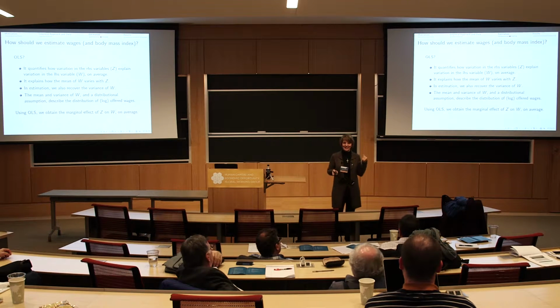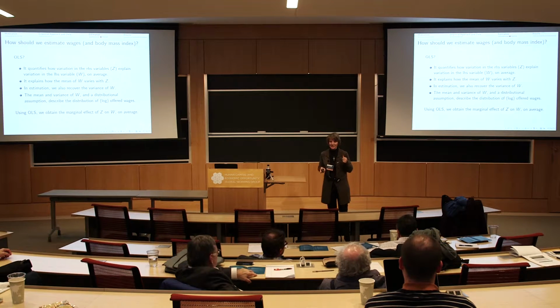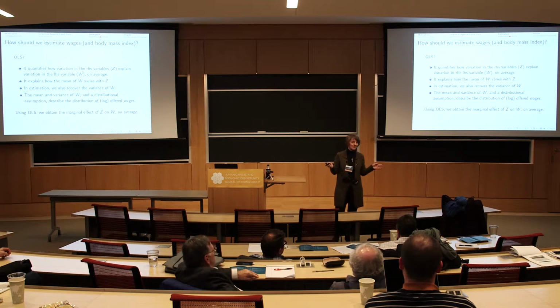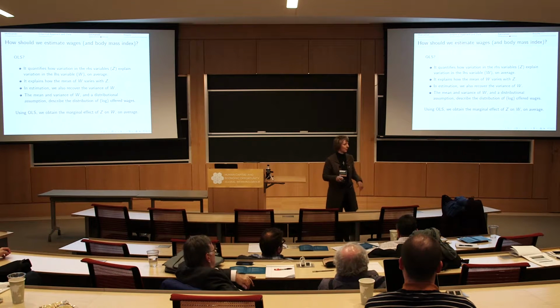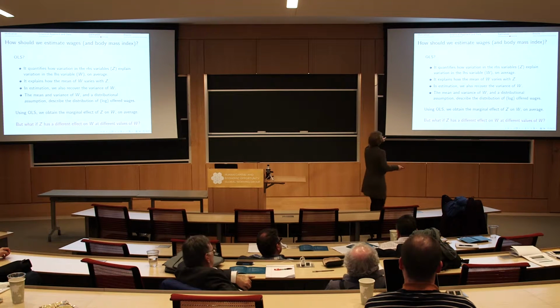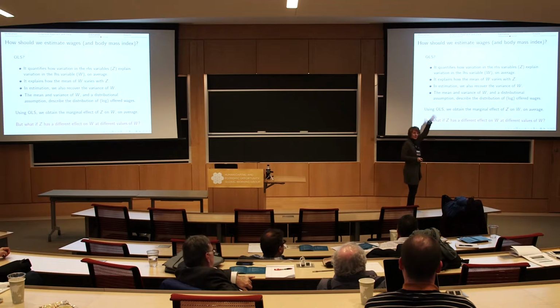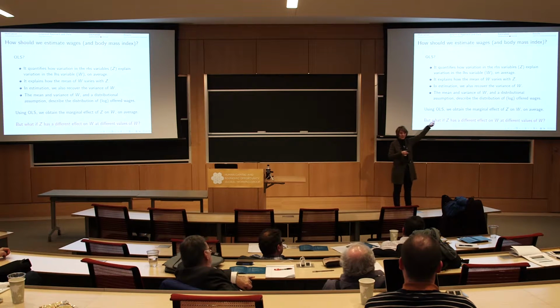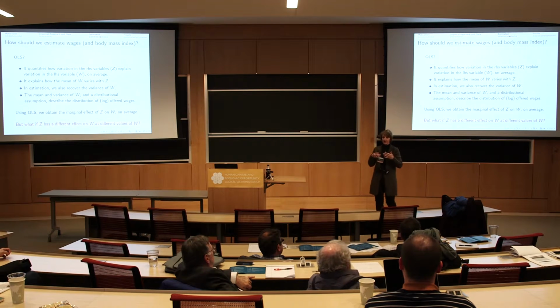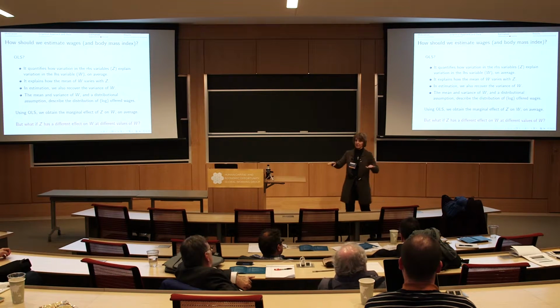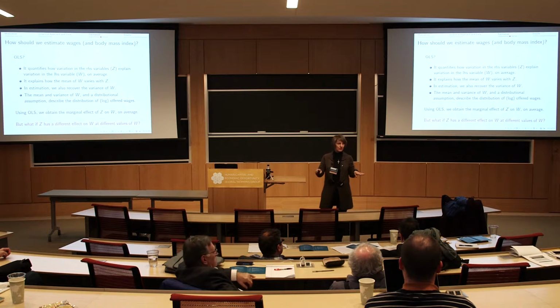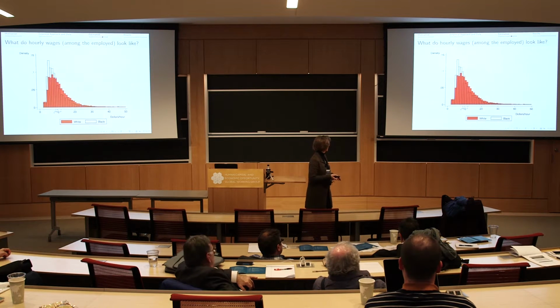But one of the things that conditional density estimation allows is for us to estimate in levels, even for wages, so we don't have to worry about that. Anyway, we can do OLS and recover the impacts of Z, in this case, on the expected value, but we might care about different effects of a particular variable Z at different points of support of the distribution of wages or of BMI. So that's what we want to do.